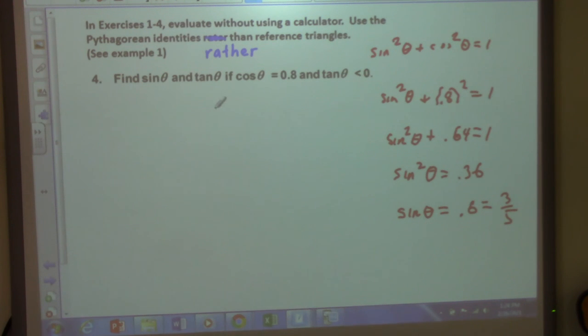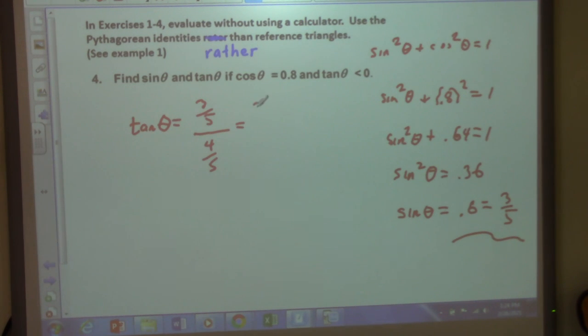Yeah, 3/5. So that's going to be your sine theta, and here's your cosine theta, your tangent theta. So now 3 is going to be on top. Yeah, your tangent theta is going to be your 3/5 divided by 4/5.